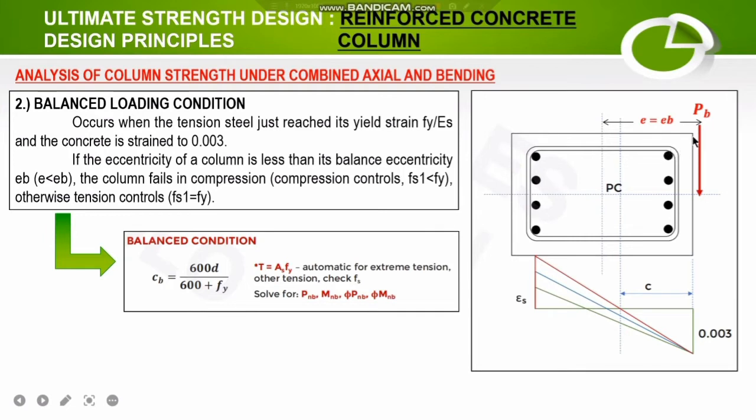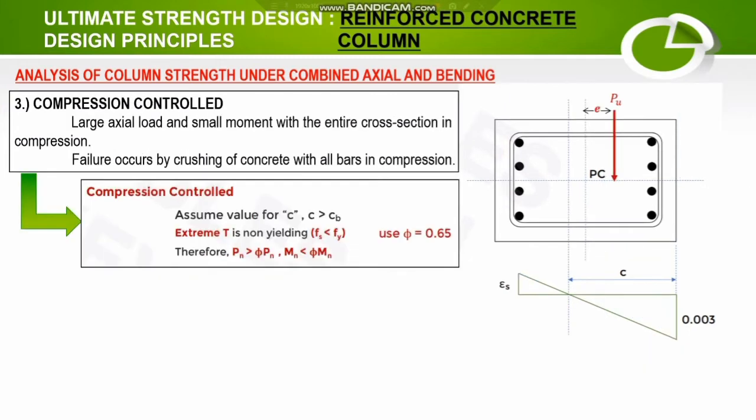In this diagram, the Pb, or the axial load balance, is situated at a distance of e equal to eb from the geometric centroid of the column section. As the definition said, the concrete is strained to 0.003.